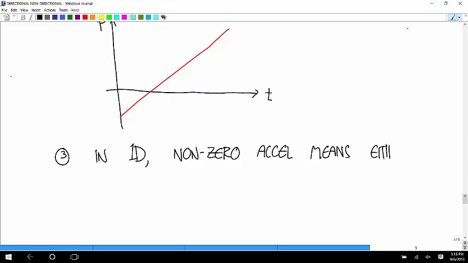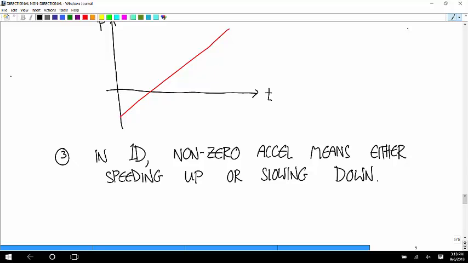It either means the object is speeding up or slowing down. That's going to change when we get to two dimensions, where something can be moving with a constant speed and still be accelerating.